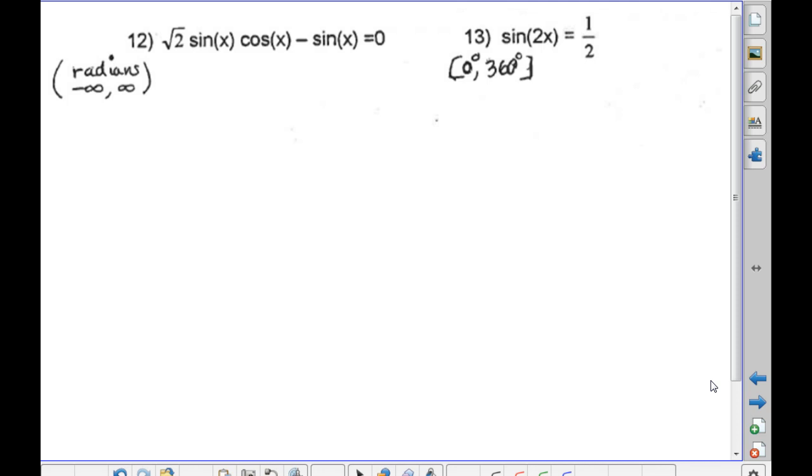Number 12. Well, we could not do it if anyone would remember why we could not do it. We actually did it yesterday, but I'm going to do it again real fast. What can you take out?